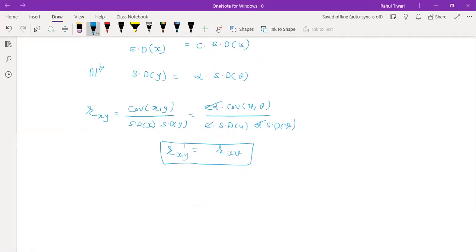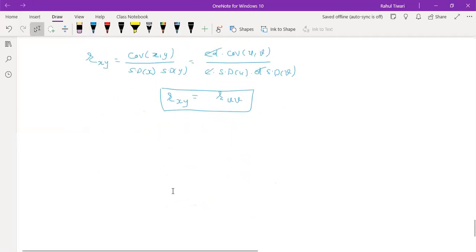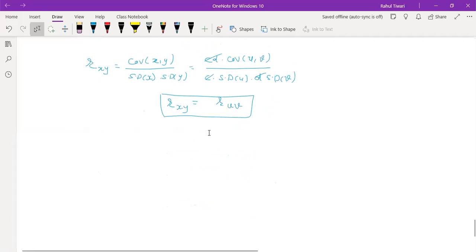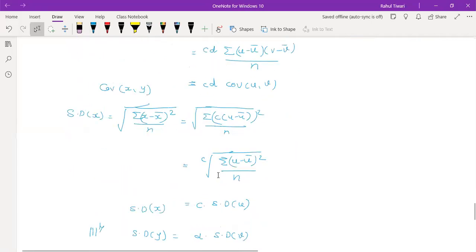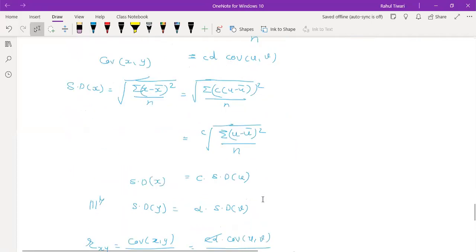This is one property, and another property is that the correlation coefficient is a pure number. It is independent of the unit of measurement of the variable. So it has no unit. It is unitless.